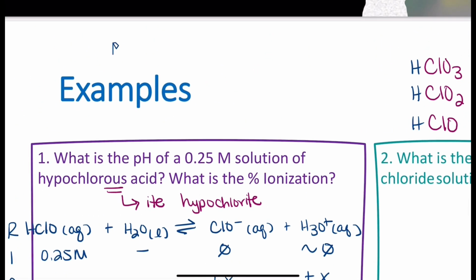Remember that pKa is the negative log of Ka. So to get to my Ka, it's 10 to the negative pKa. So Ka is equal to 10 to the negative 7.52, which is equal to 3.0 times 10 to the minus 8.